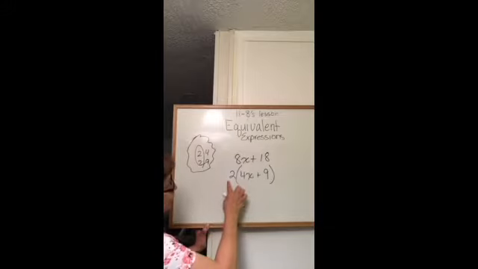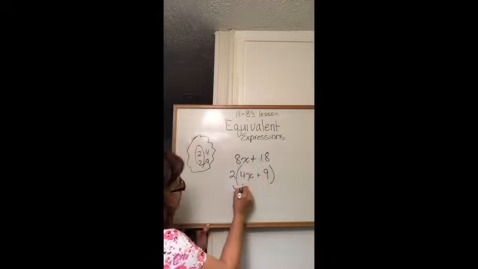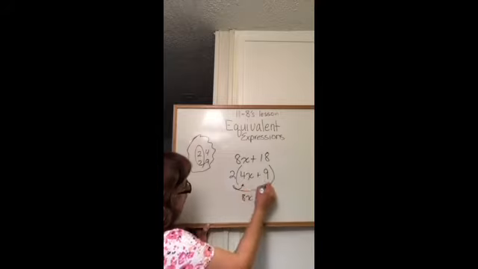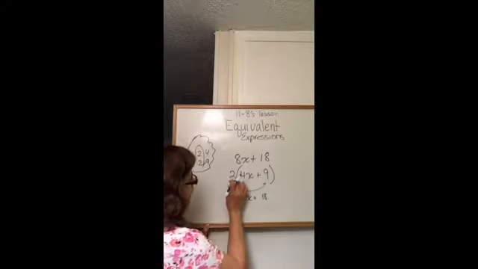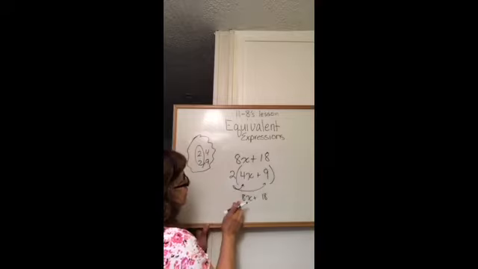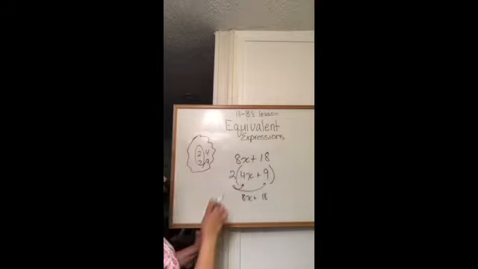You are much more comfortable distributing this, and you'll get that. That would be 8x, and then distribute it over here, plus 18. It's the same problem. It's just here I use the distributive property, and here I use the reverse of the distributive property, pulling the common factor out of that 8x plus 18.